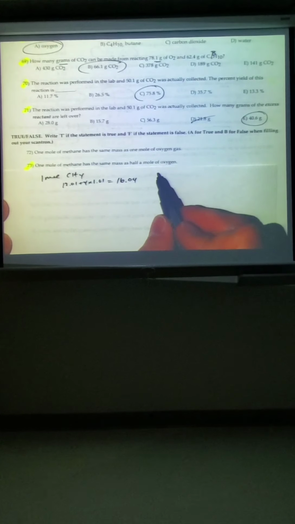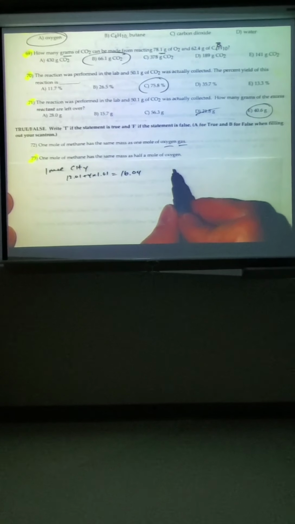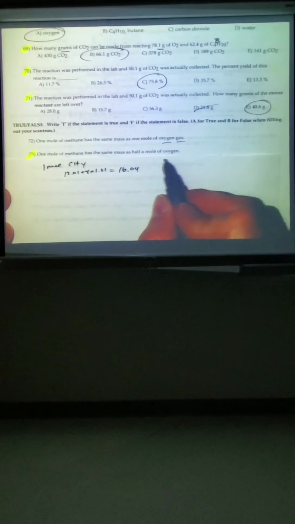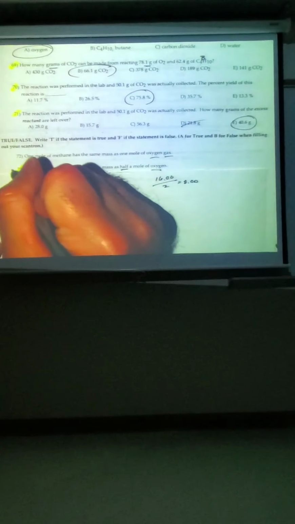Half a mole of oxygen, they did not say oxygen gas. So half a mole of oxygen atoms is what they're assuming. So that would be half of 16.00. That's only 8. So because they said half of oxygen, not half of oxygen gas, which would have been half of 32, which would be 16, which would be true. So trick question. This one's false because this is O, oxygen gas is O2. So be careful with that.